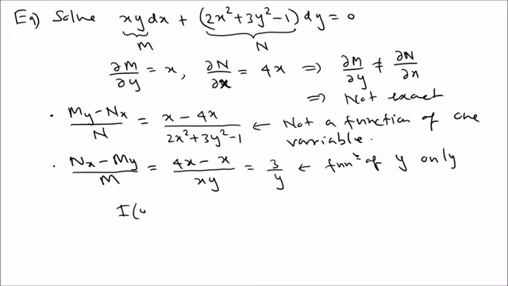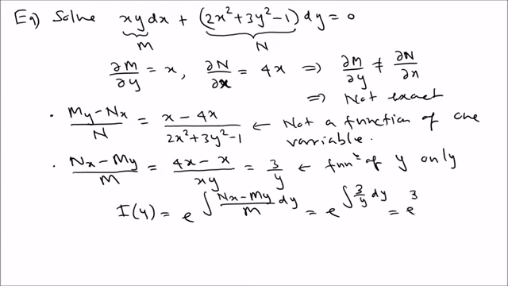I(y) is e to the integral of (Nx minus My) over M dy. We already calculated that, so it is 3 over y dy. That means 3 ln y. Bring it inside, so it's going to be y cubed. So y cubed is the integrating factor.